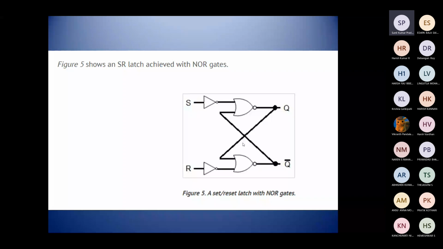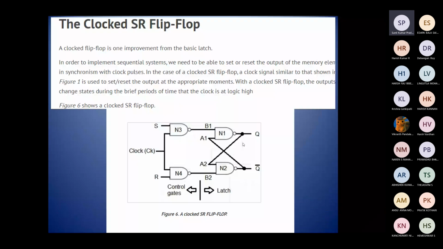Okay, so the clocked SR flip-flop. This is an improvement of the basic latch. So whatever latch we have studied so far, this clocked flip-flop is an improvisation from the basic latch.